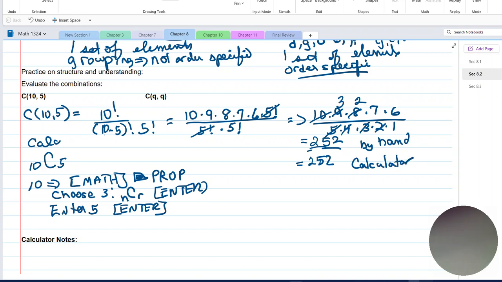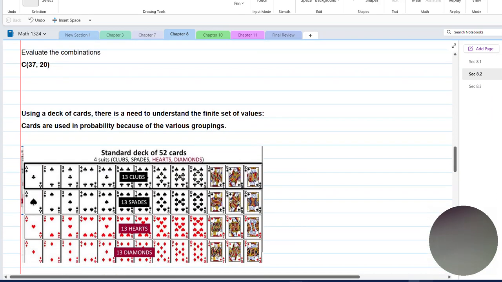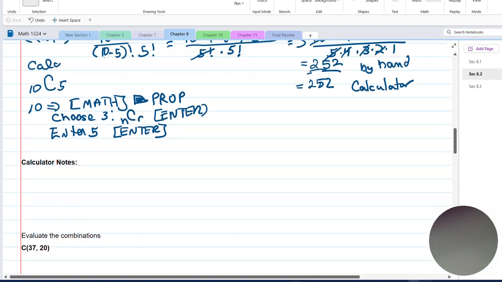All righty then. So now we have that information. Now let's look at this guy. Oh, we had another one, sorry.